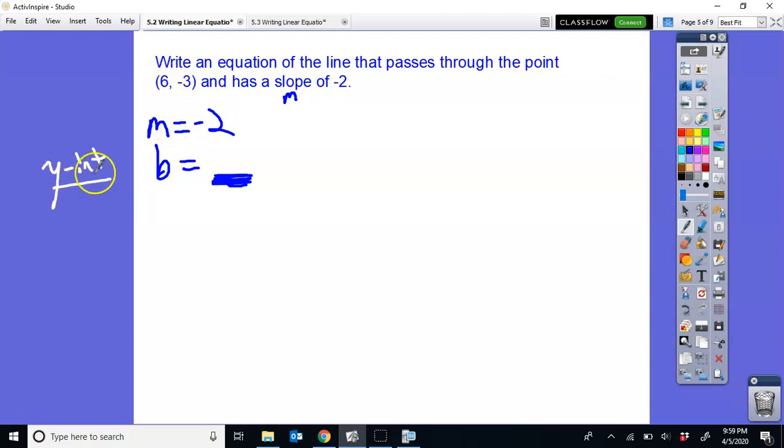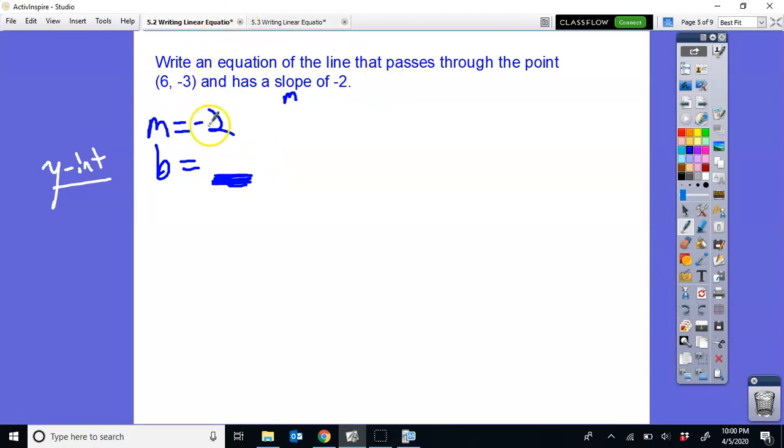So there's no way it's the y-intercept where the graph touches the y-axis, because the y-intercept is always going to have 0 for the x value. It's a point that's over here somewhere. (6, -3) is over here somewhere, so it's not on the y-axis. So that is not my y-intercept.